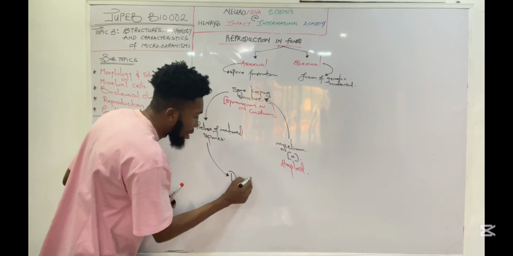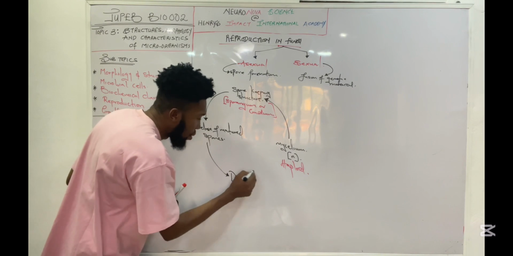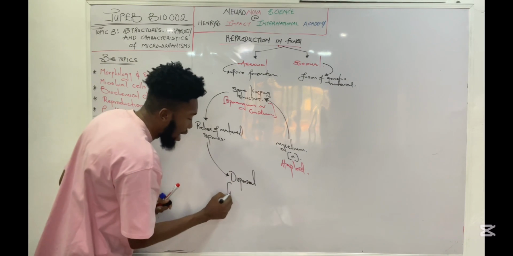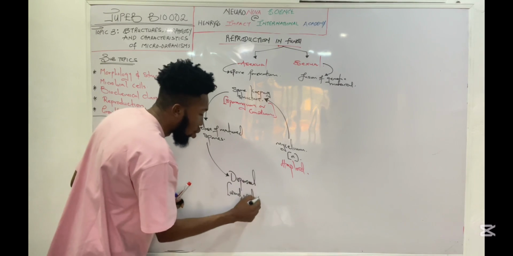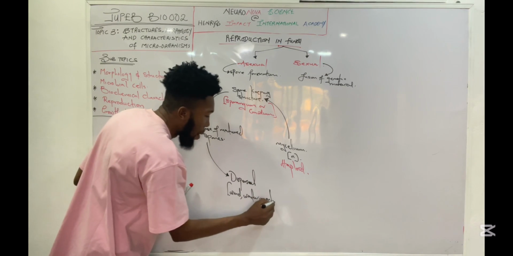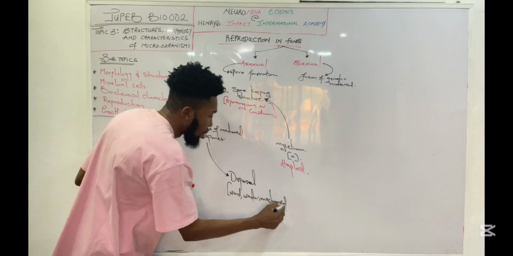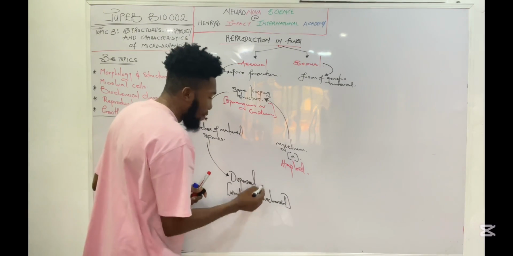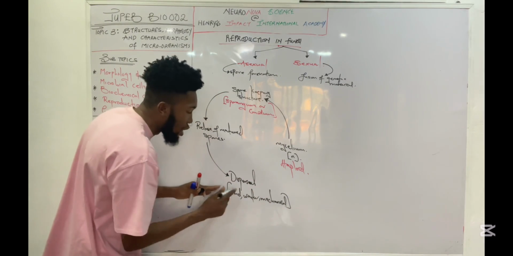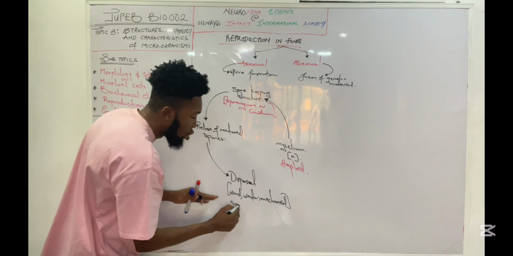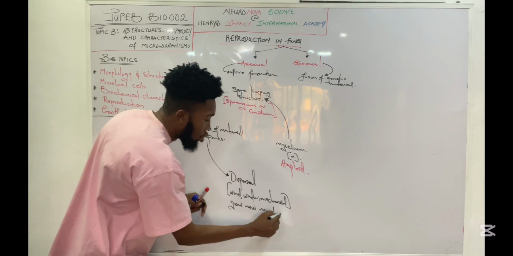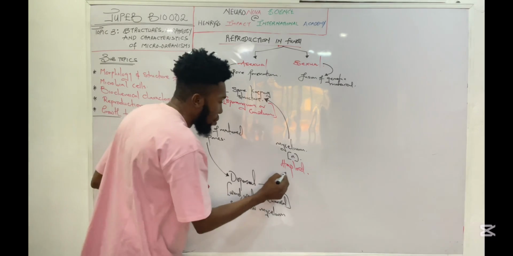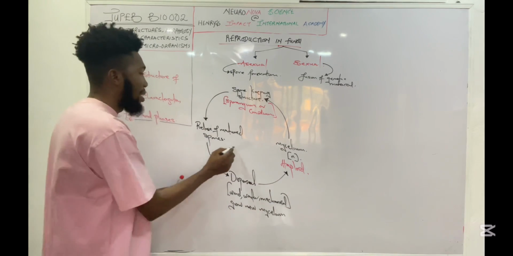This dispersal can be via wind, which is air, through water, or through mechanical means. Once they've been dispersed, they will grow new myceliums. From the new mycelium, a new fungus will grow. That's how fungi reproduce asexually.